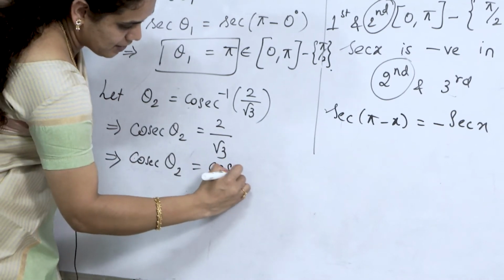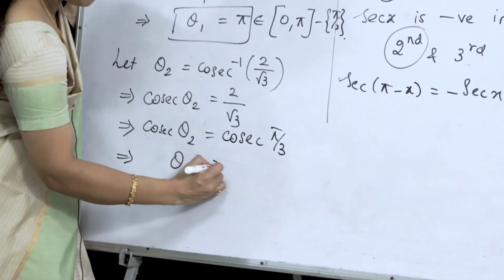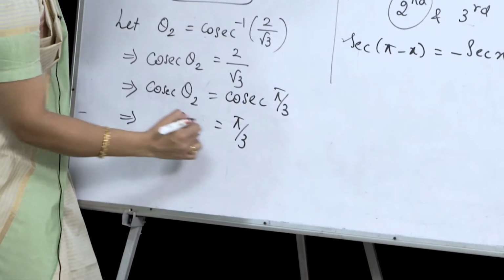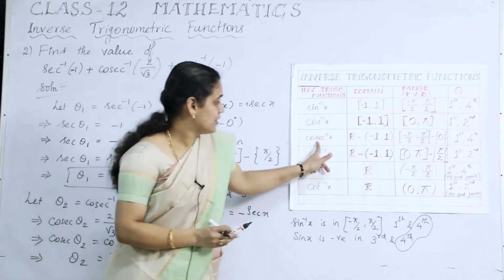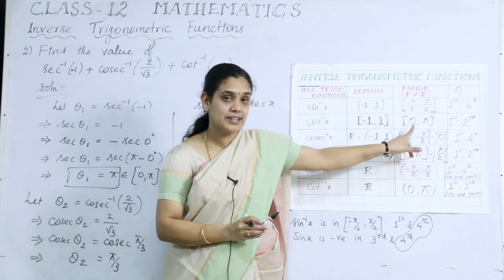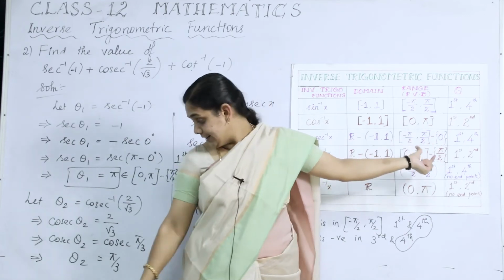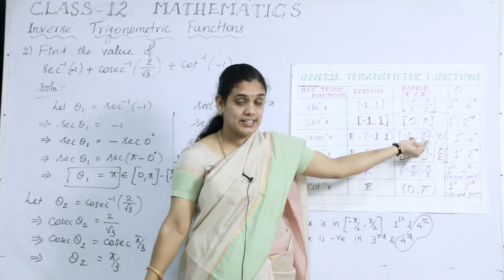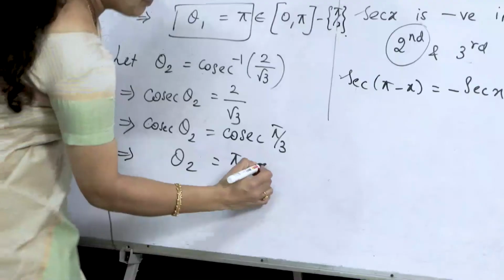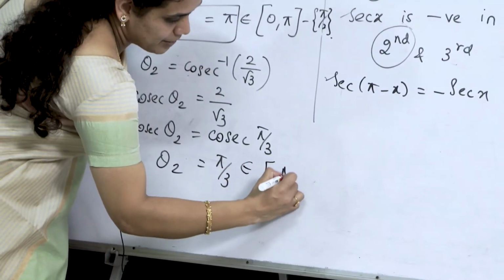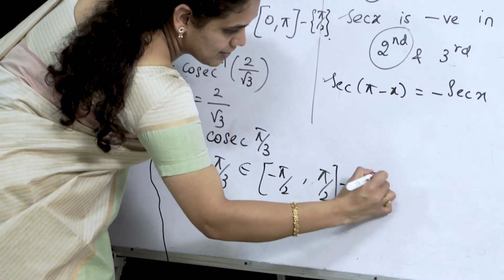Therefore cosecant pi by 3. Okay, therefore theta equal to pi by 3, isn't it? And you check whether this is in the interval or not. So cosecant inverse of x is in from minus 90 to plus 90 and also excluding 0, right? So we got 60. 60 is in this interval. Therefore, it is our value. It belongs to minus pi by 2 comma pi by 2, excluding 0.